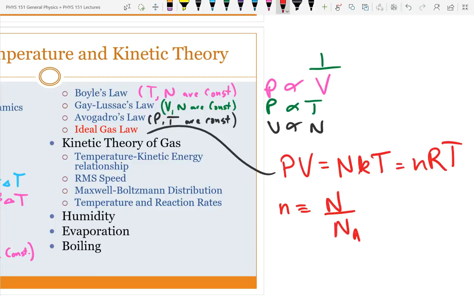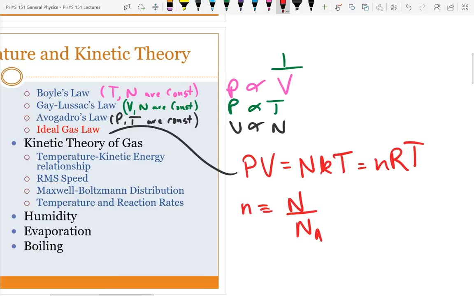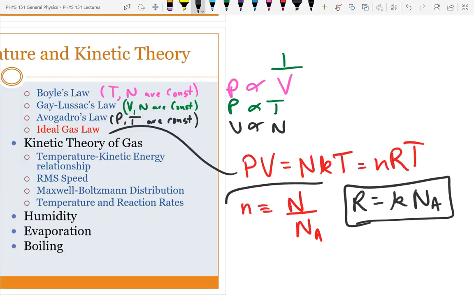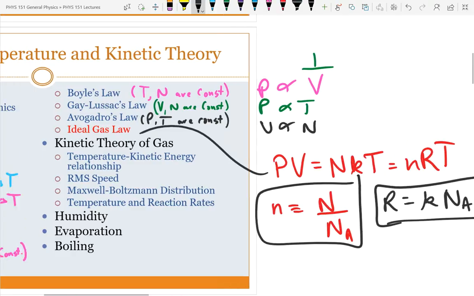If we look at these and set them equal to each other, we see that the constant R is just equal to K times Avogadro's number. And so the two equations are exactly identical in meaning. It's just using a different measurement of the number of molecules present.